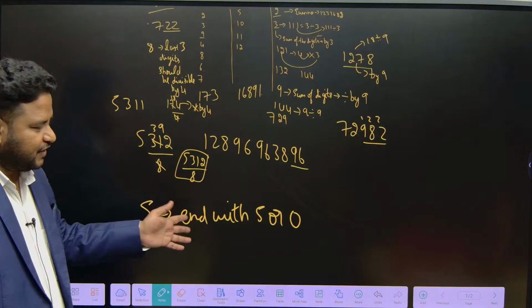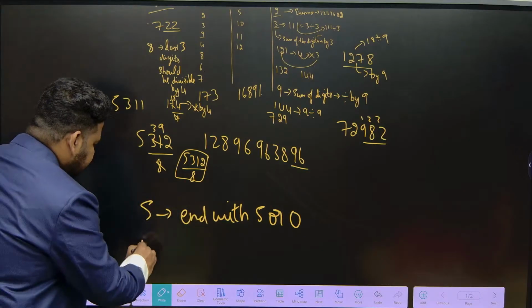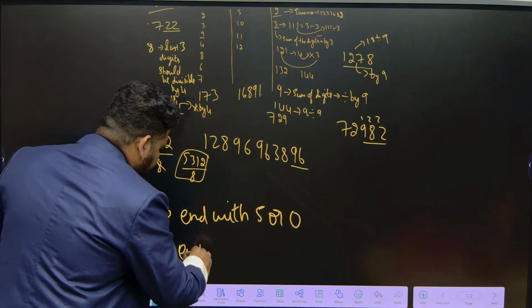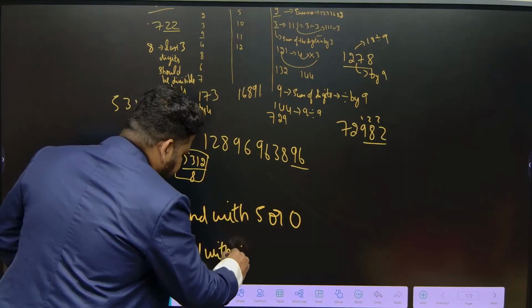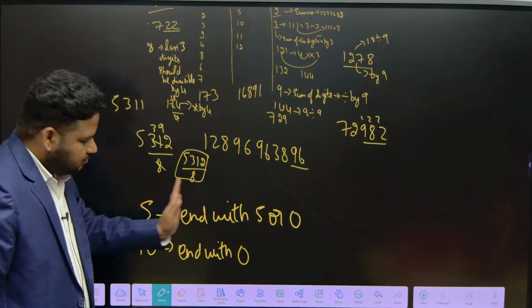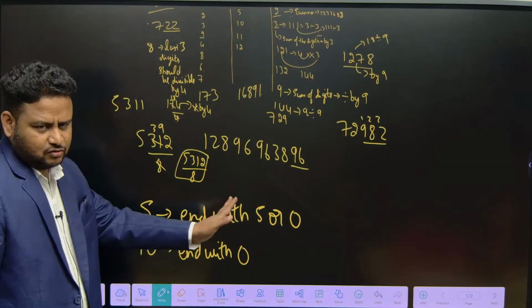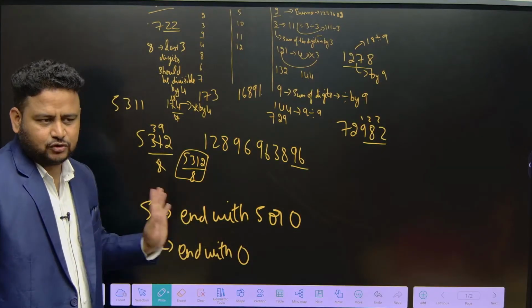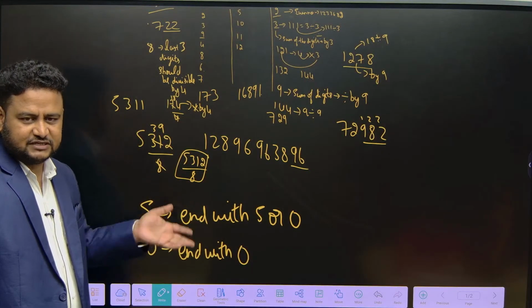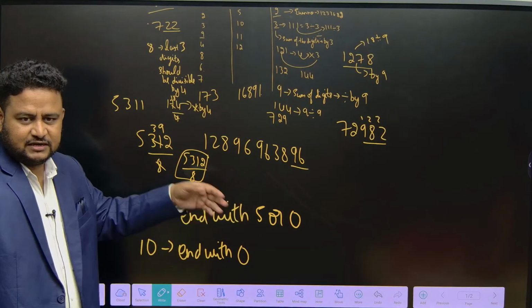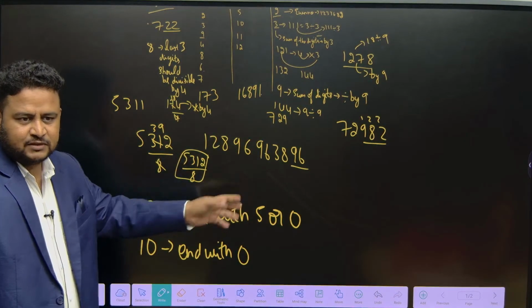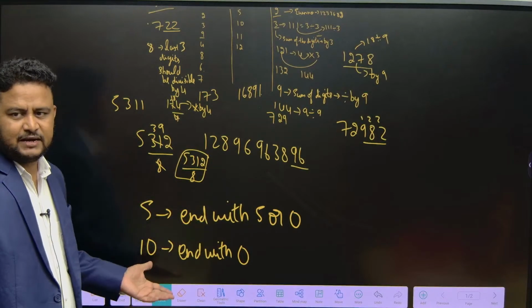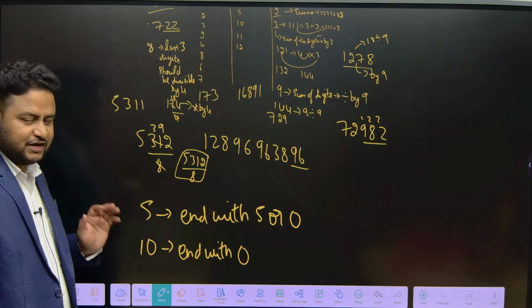For 10, it ends with 0 only, not 5. If a number ends with 5, it is divisible by 5. If it ends with 0, it is divisible by 5. If it ends with 0, it is divisible by 10. Okay, this is about 5 and 10.